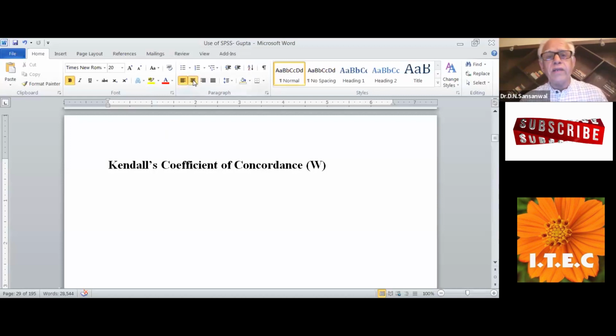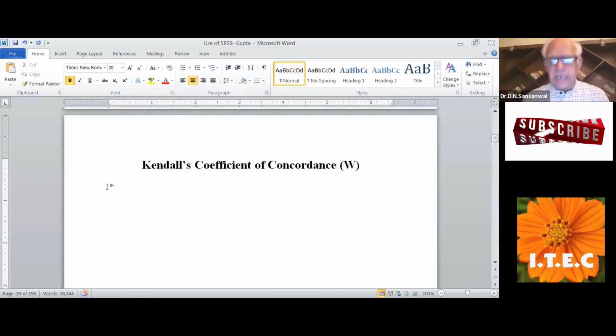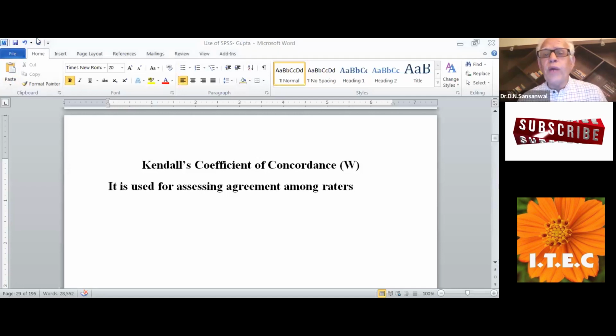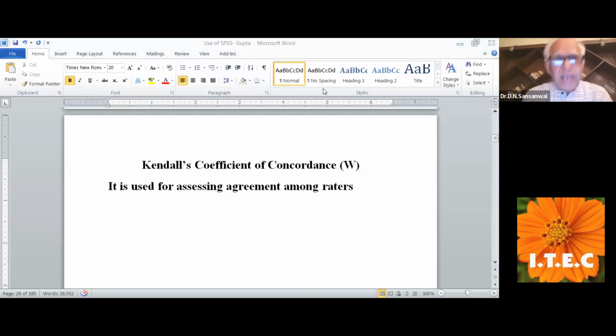It is used for assessing agreement among raters, that there are different raters who are rating, and you want to find out whether there is an agreement or no agreement. Whenever you are interested in this, you have to use Kendall's coefficient of concordance.